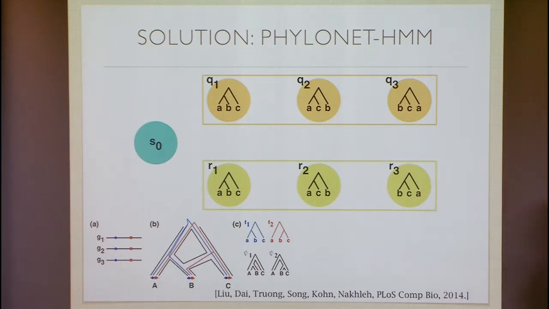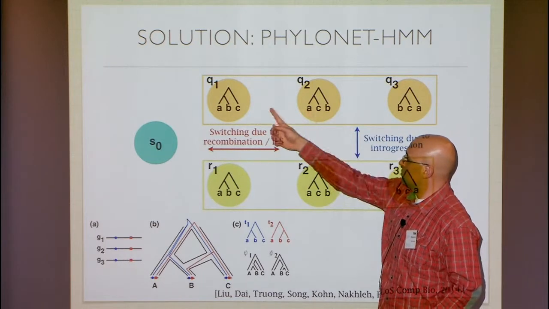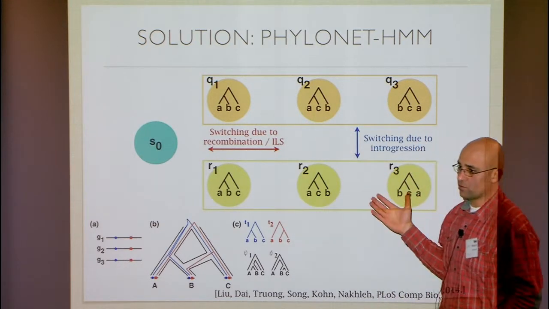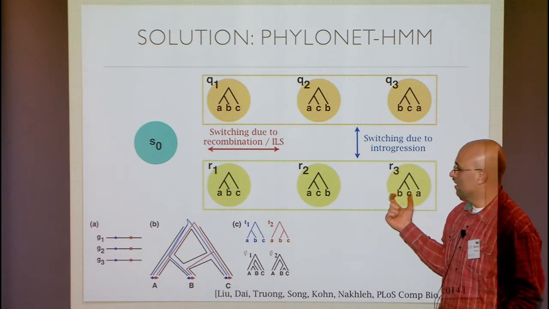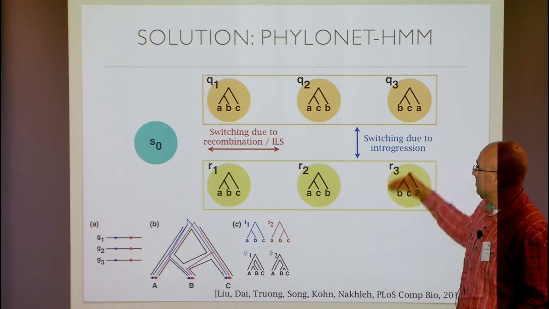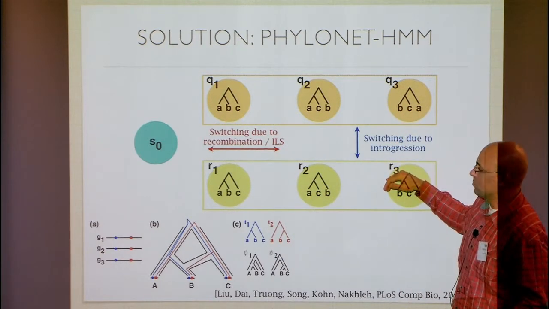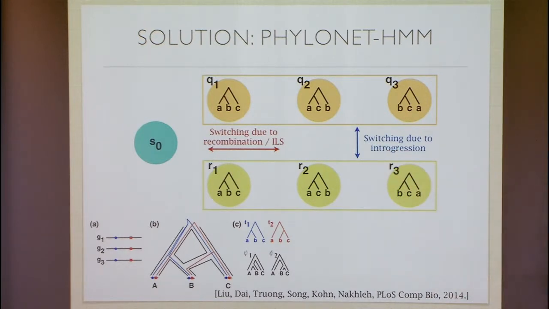So now, when we have this model, switching within these kind of states, within this row or within this row, corresponds to crossing recombination breakpoints and having incongruence because of incomplete lineage sorting. If you switch between these 2 rows, we believe that this would be switching because of introgression. Okay?